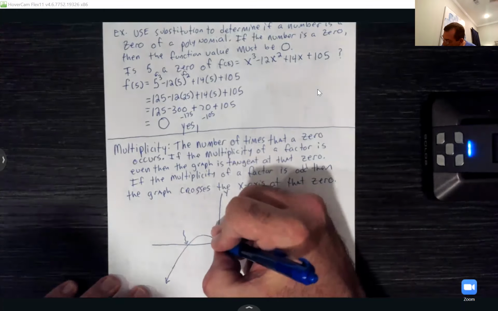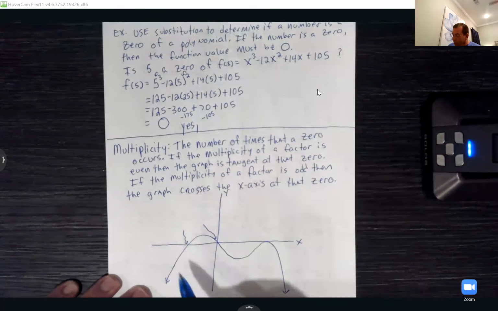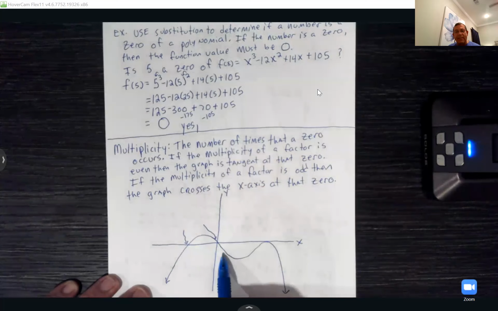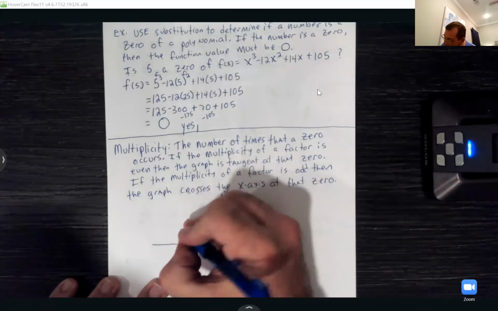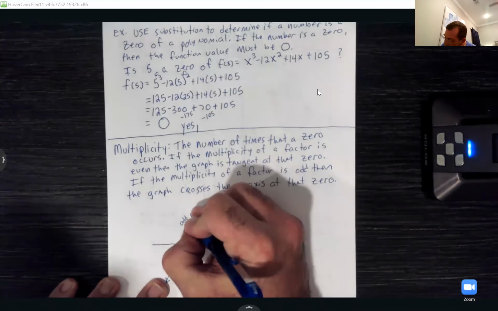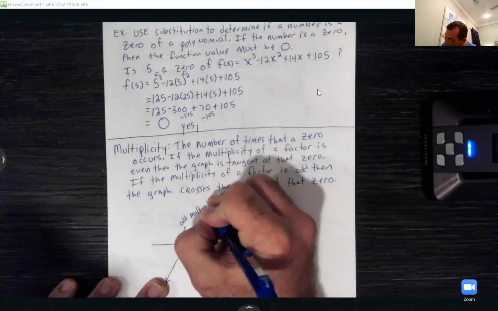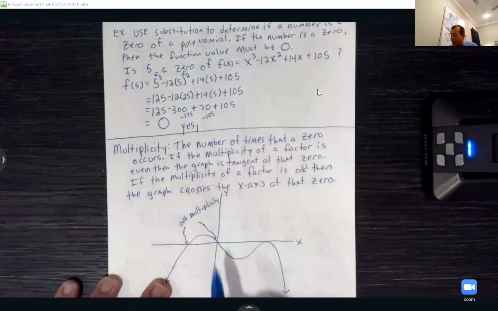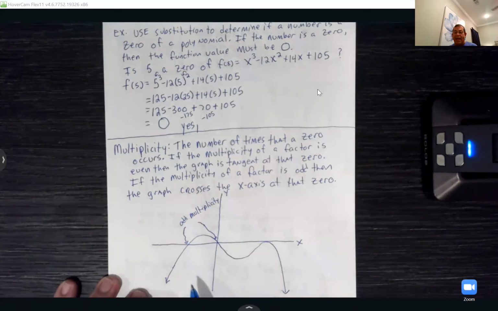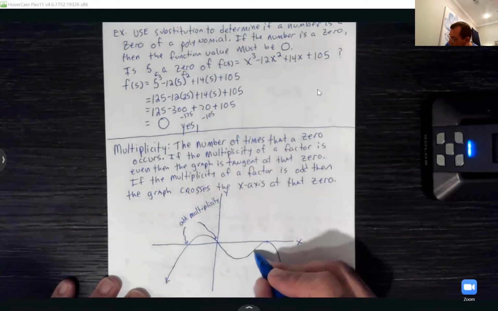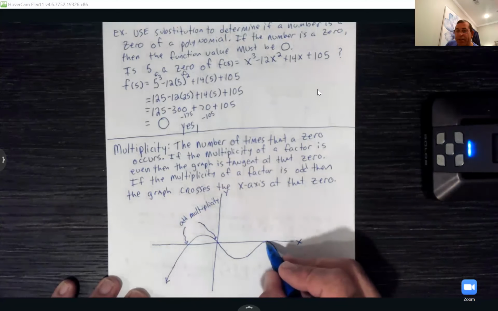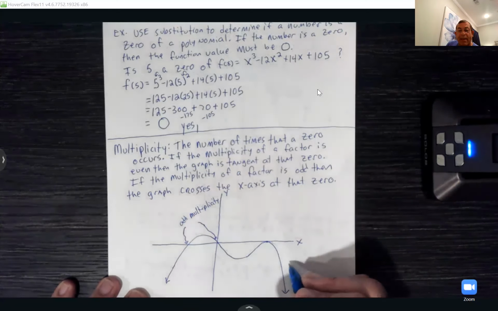But y'all see this point right here and this point right here where the graph is crossing over my x-axis. For it to do that, it would have had an odd multiplicity. So these happen from the odd multiplicity. And notice the graph is just crossing right over that x-axis. But y'all, this point right here, the graph sort of comes up, touches that x-axis, and then turns back down.